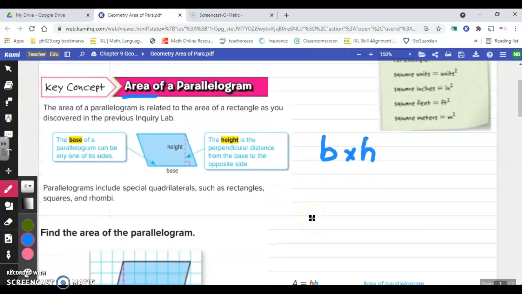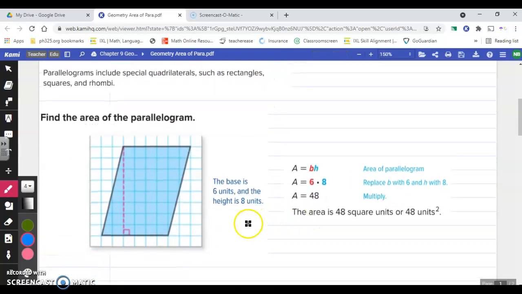If you look at an example here, what they did was they figured out the area by taking 6 times 8. They got the 6 because the base down here is 1, 2, 3, 4, 5, 6 units. Then we started with the rope. Notice we did not count the diagonal.